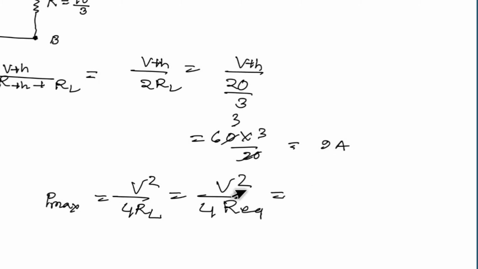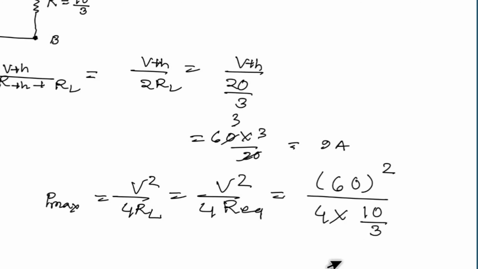Here V means VTH. The VTH value is 60, so 60 square by 4 into RL, where RL is 10 by 3. After calculating, the P max would be 270 watt. And this is our answer.